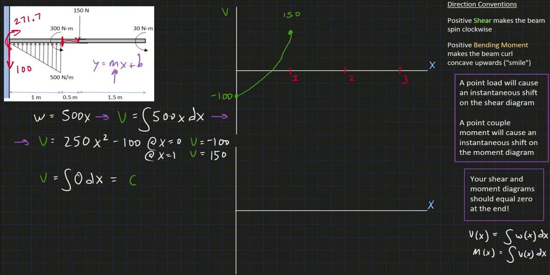And you can always check. You take the derivative of just a number, you'll get 0. So what constant will this be? Well, again, we can determine it. At x equal to 1, we know our shear to be that positive 150. So that's what this constant will be. So from x equal to 1 to x equal to 1.5, we just have a constant 150.